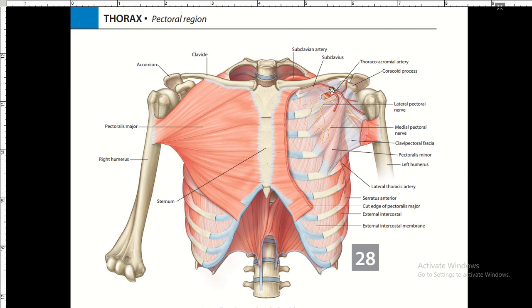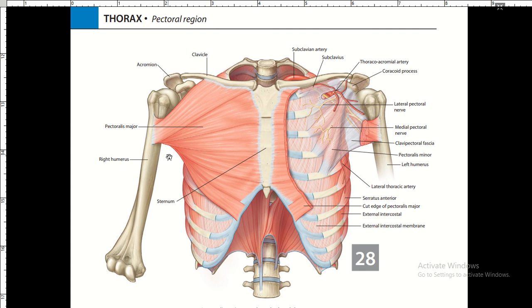And then after you reflect the pec minor, you're going to pierce the external intercostal muscle, the internal intercostal muscle, the innermost intercostal muscle, the endothoracic fascia, then the extrapleural fatty layer and the parietal layer, right? Those are the structures that you pierce in the mid-clavicular line.